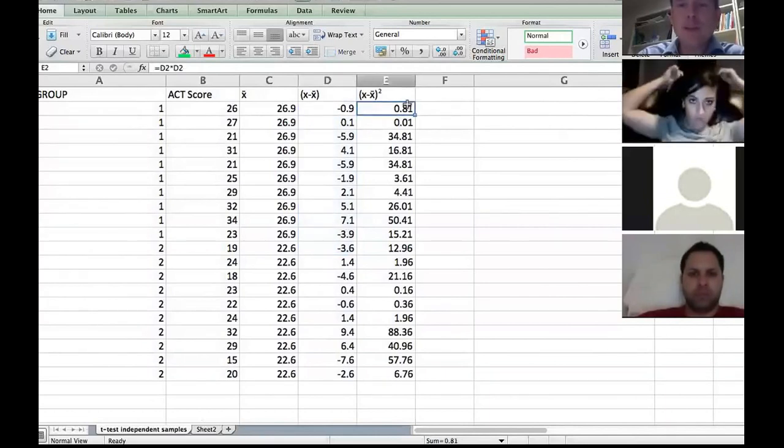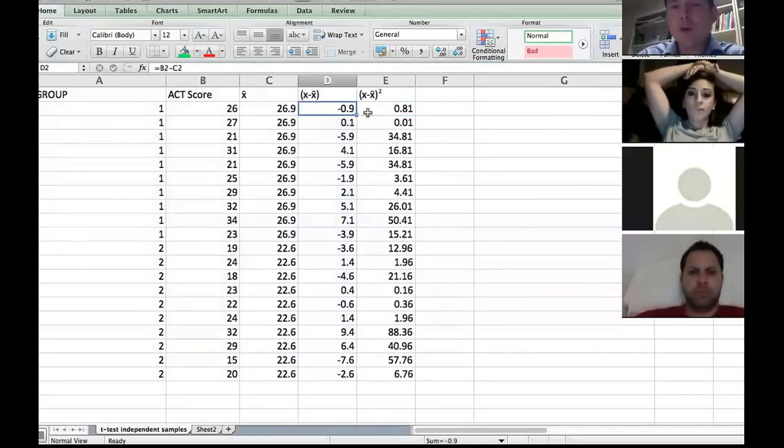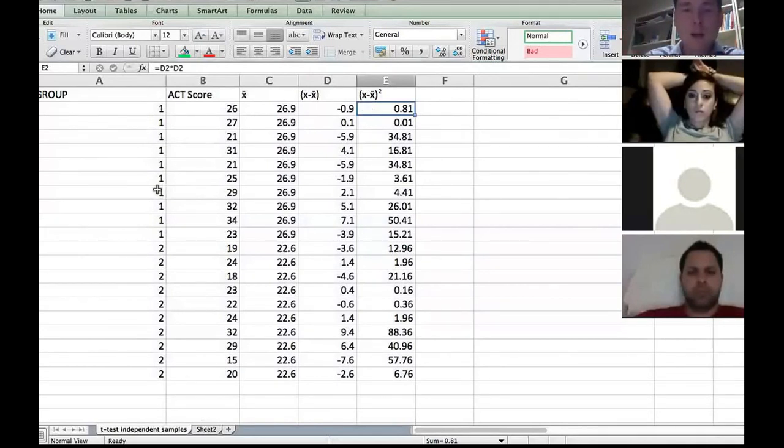Then we do the same thing. We square this difference, right? So minus 0.9 becomes positive 0.81. You see that the negative goes away, plus with the squaring, if the number is below 1, the number becomes smaller. If it's above 1, that number becomes bigger. So let's go here, minus 5.9.